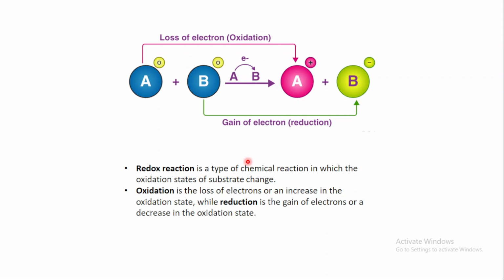Is it clear to the students? Because I saw that you had difficulty in solving this question. So I want you to ask any questions if you have any doubt, so that this concept gets cleared. Oxidation is always the loss of electrons. Reduction is always the gain of electrons.